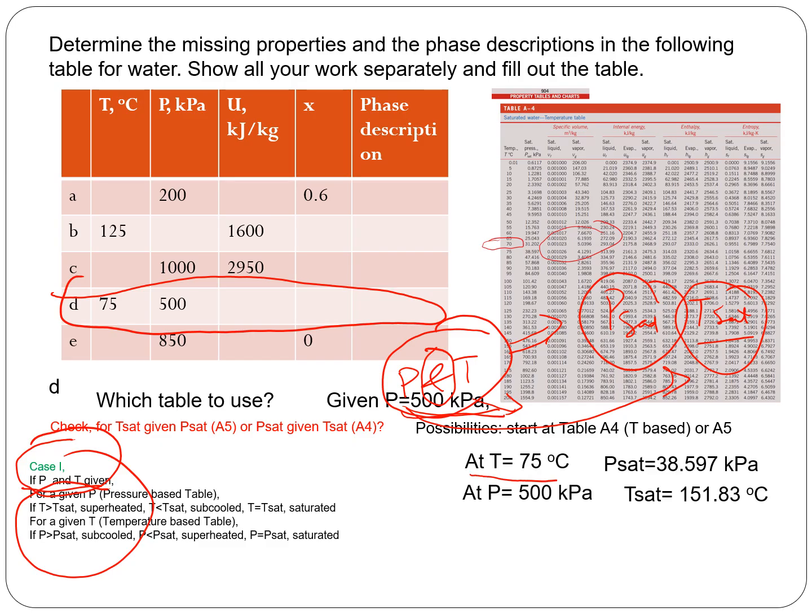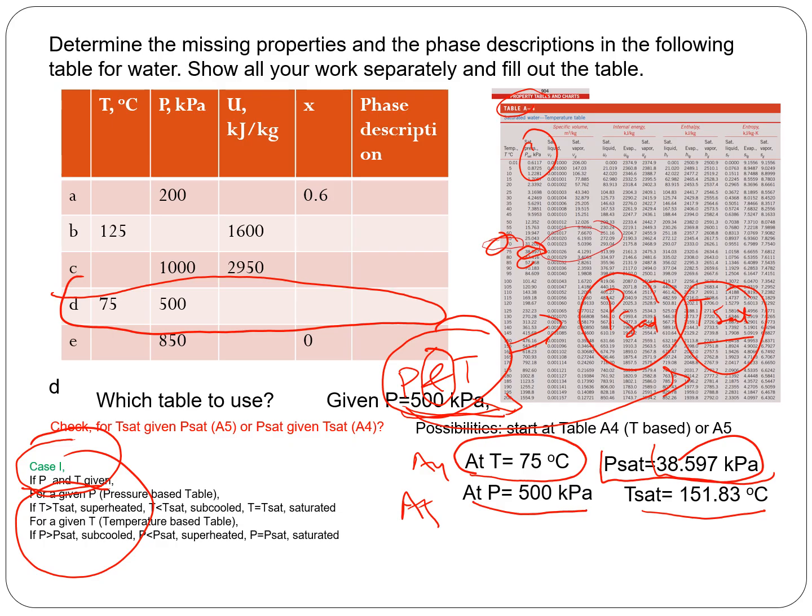So at T equals 75 degrees centigrade, which is the A4 table, this is the temperature you have, and this is the saturation pressure. And if you look at A5, at this pressure, this is the saturation temperature.